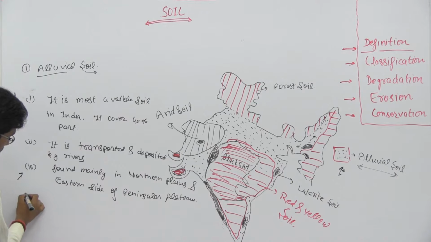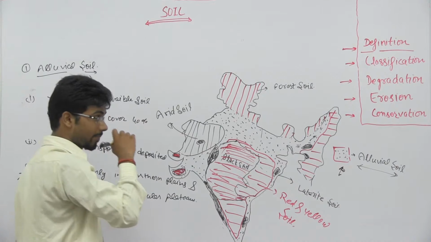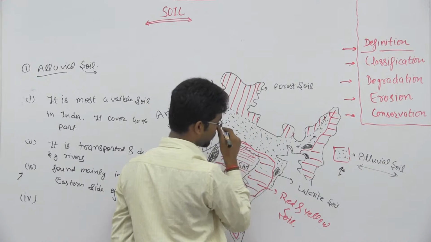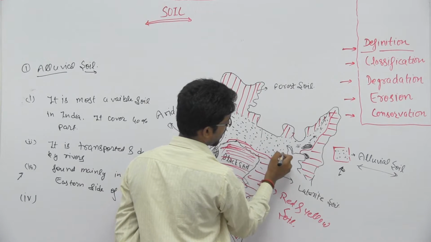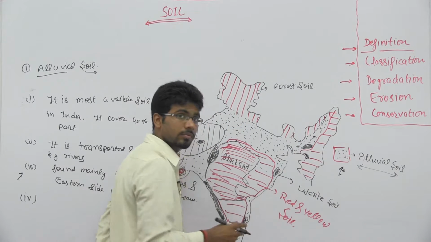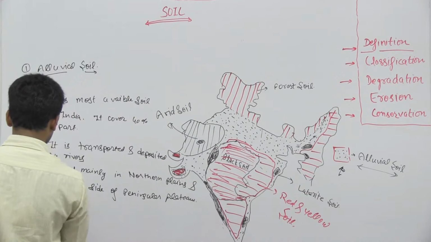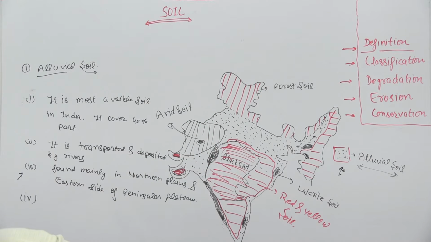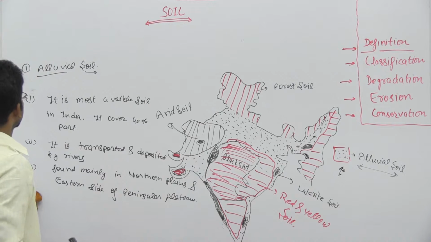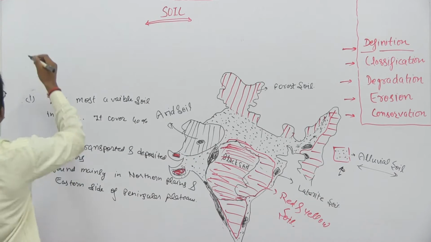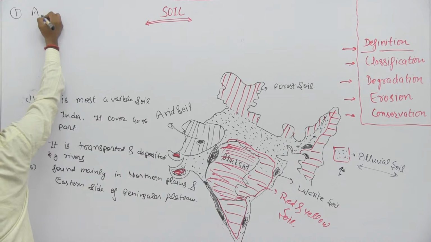So in the fourth point we can write, as these soils are brought by the rivers, they have high amount of content which can be used for the cultivation. So let me write above, that would be better to see the fourth point. So in this one, first is alluvial soil.